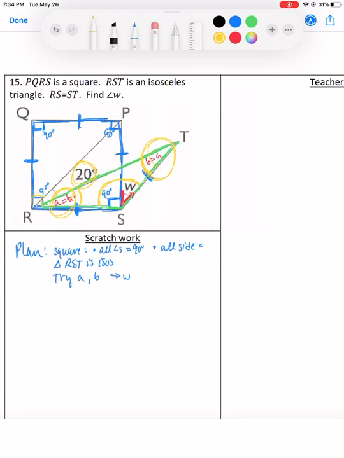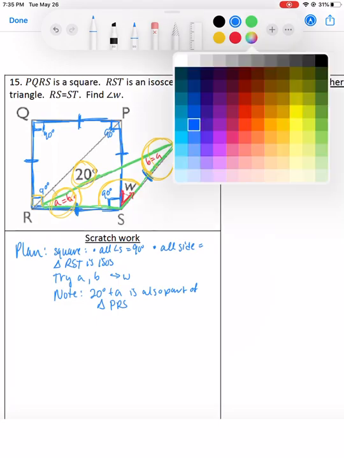Note that 20 degrees plus A is part of a triangle, also part of triangle PRS. And I'm going to highlight that in purple.